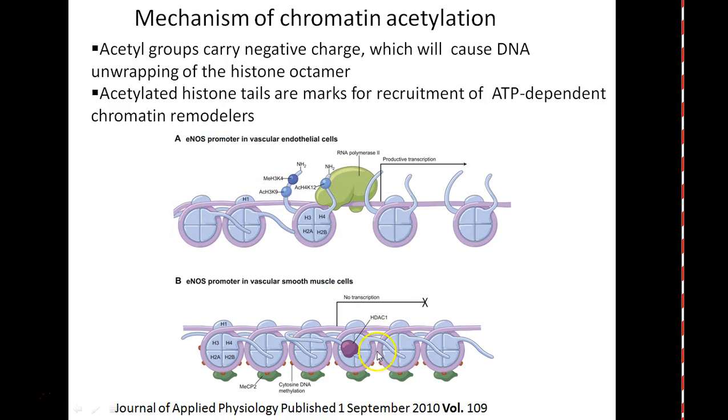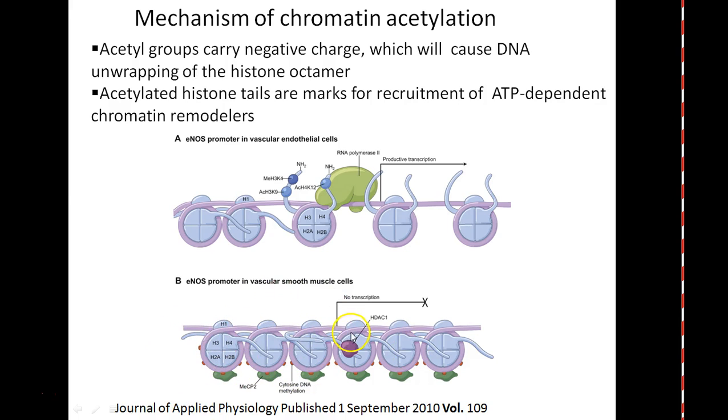This is the promoter region for the gene called nitric oxide synthetase. This gene is differentially expressed depending on the cell type, and it's transcriptionally silent in smooth muscle cells. This is the chromatin conformation of the promoter region for this gene in smooth muscle cells, on panel B. So let's focus on this.